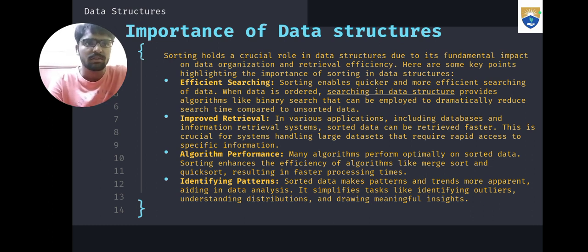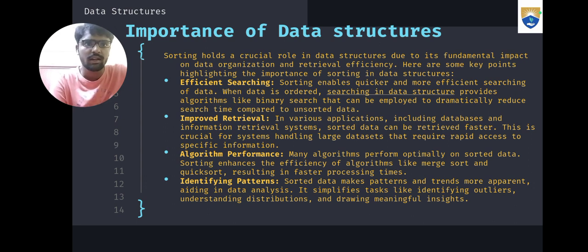Faster retrieval: in various applications, including databases and information retrieval systems, sorted data can be retrieved faster. This is crucial for systems handling larger data sets that require rapid access to specific information. Algorithm performance: many algorithms perform optimally on sorted data.